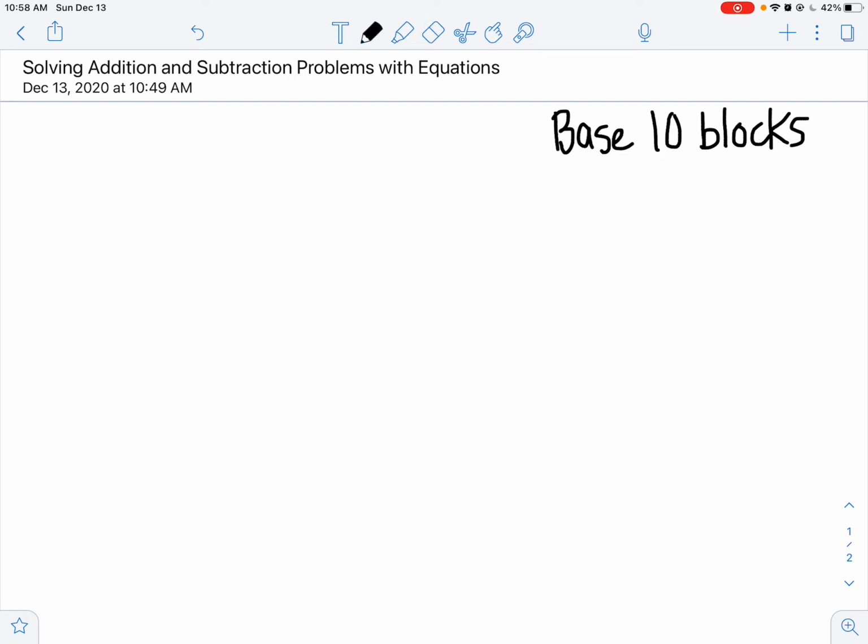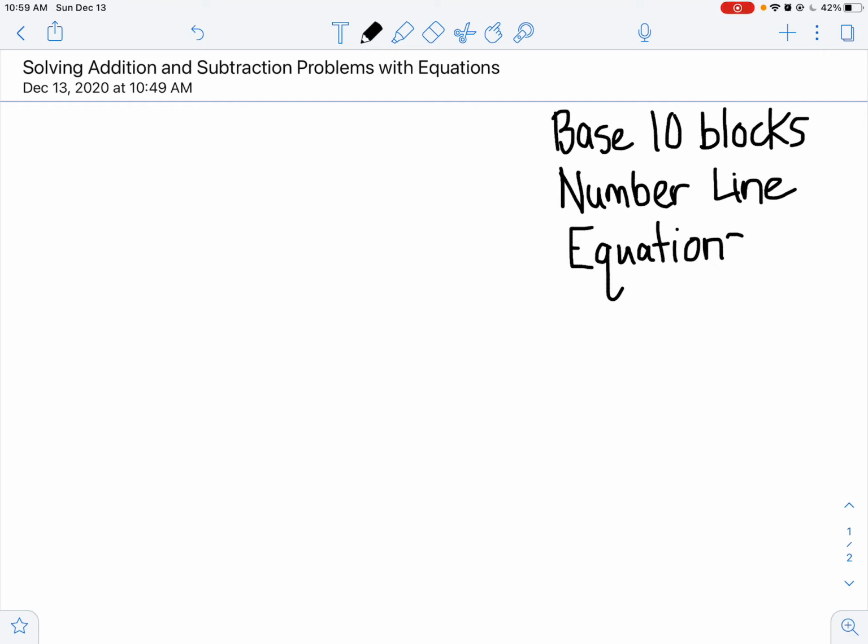Last week, I showed you how to use an open number line to solve addition and subtraction problems. And you guys got really good at those. I'm really impressed. That is also a great way of showing your work, but it's also not super efficient because there's a lot of drawing involved, but it works. Another way is to use equations.